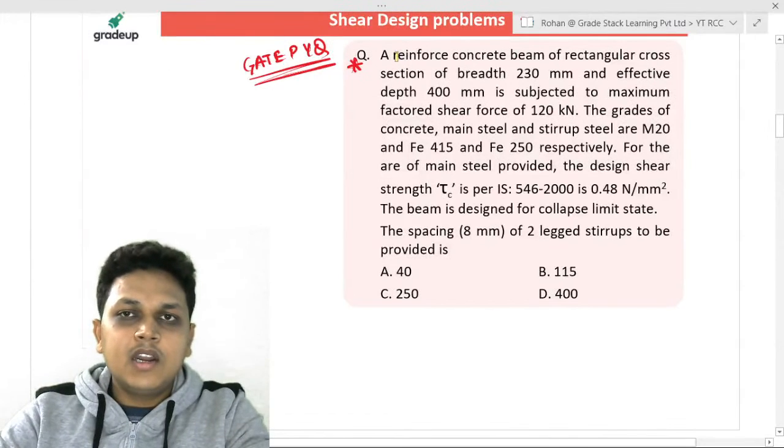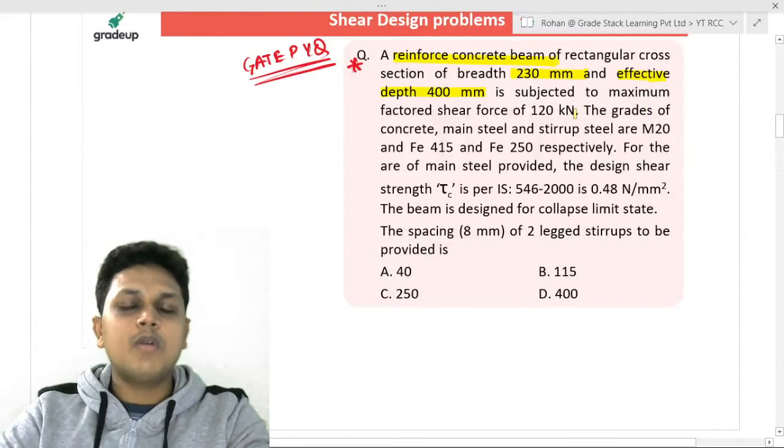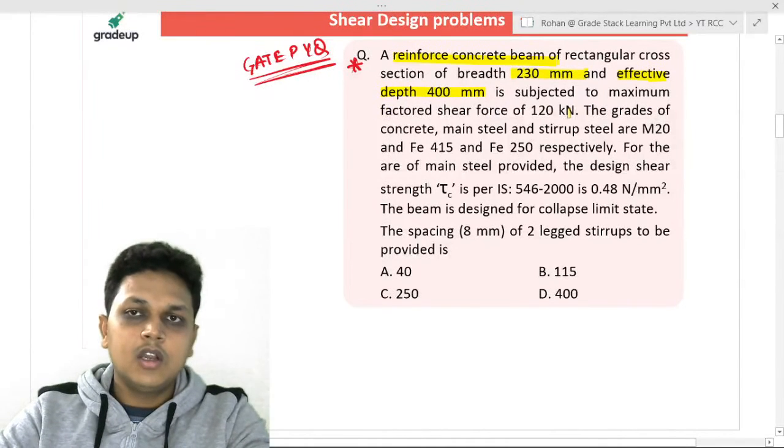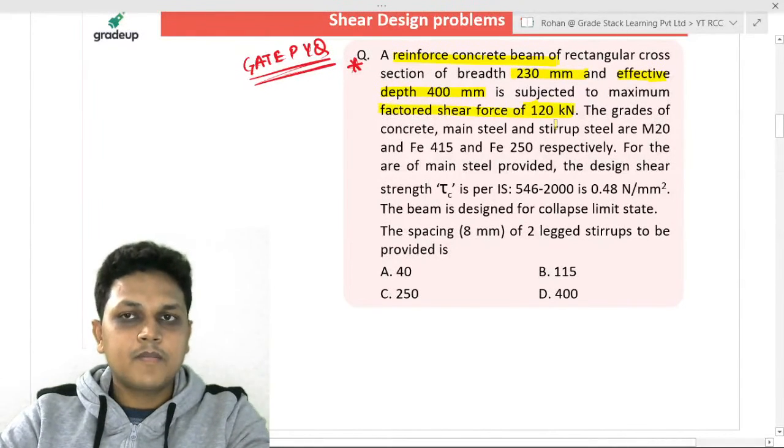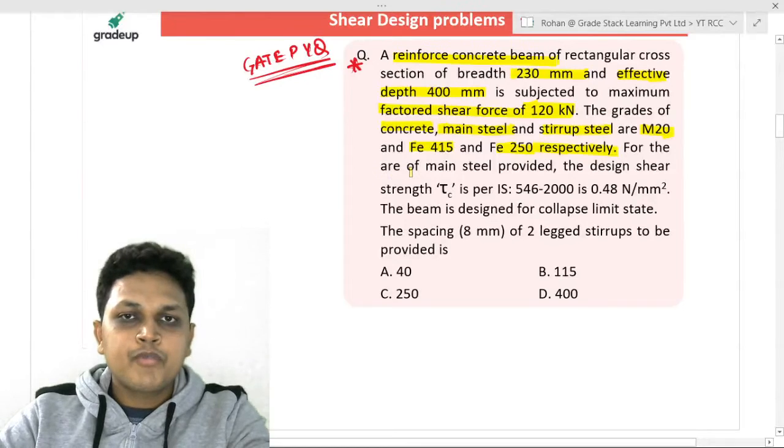Read the question. A reinforced concrete beam of rectangular cross-section of width 230 mm and effective depth of 300 mm is subjected to a maximum factored shear force of 120 kN. The grades of concrete, main steel and stirrup steel are given to us.